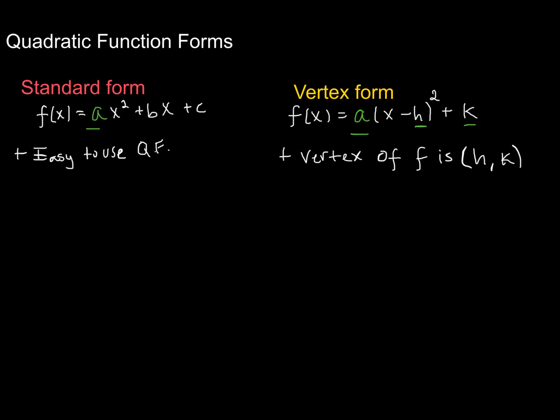And the overall idea of vertex form is that it makes it really easy to visualize what our parabola will look like. The reason is that we have built into vertex form the transformations that are made to what's called the parent function, or just our standard basic function.